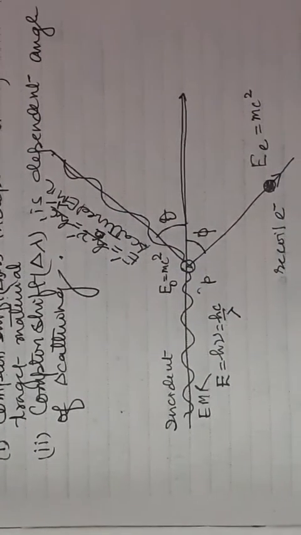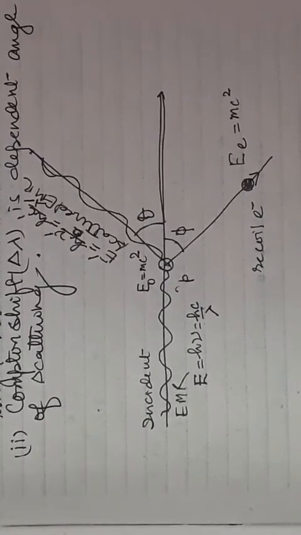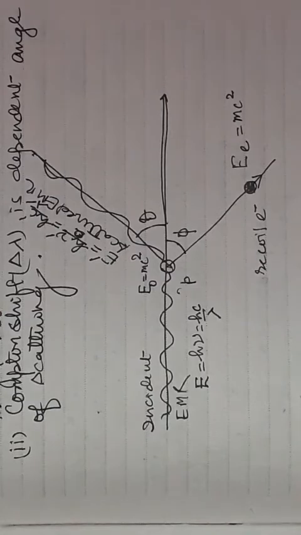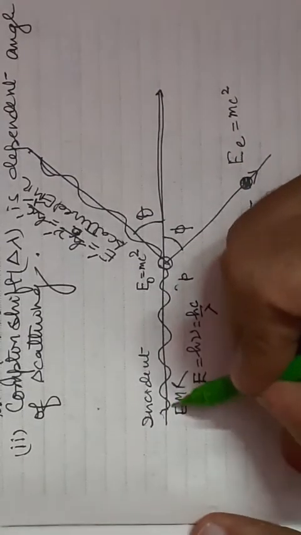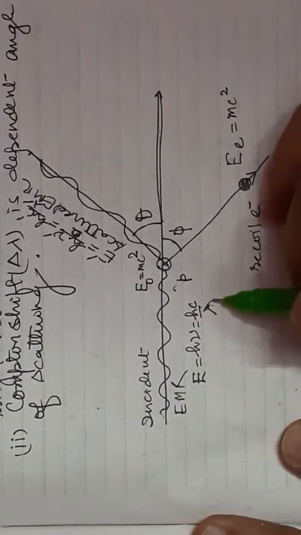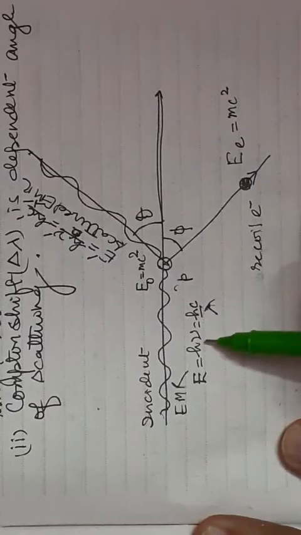Now you look at this diagram, what is exactly happening there? This is the incident electromagnetic radiation having wavelength lambda and having energy E is equal to h nu.